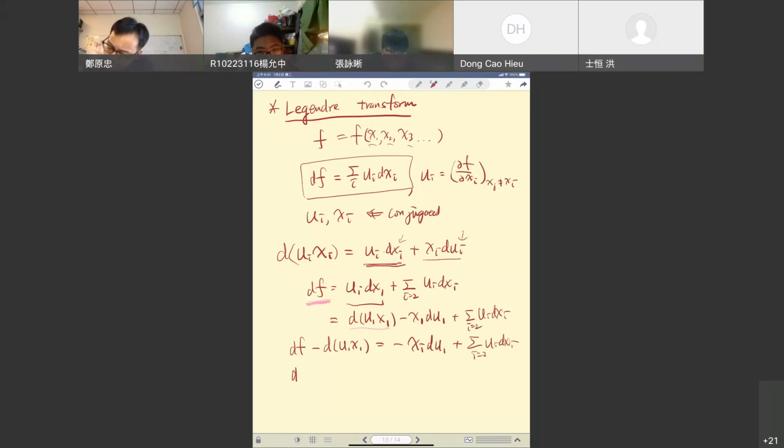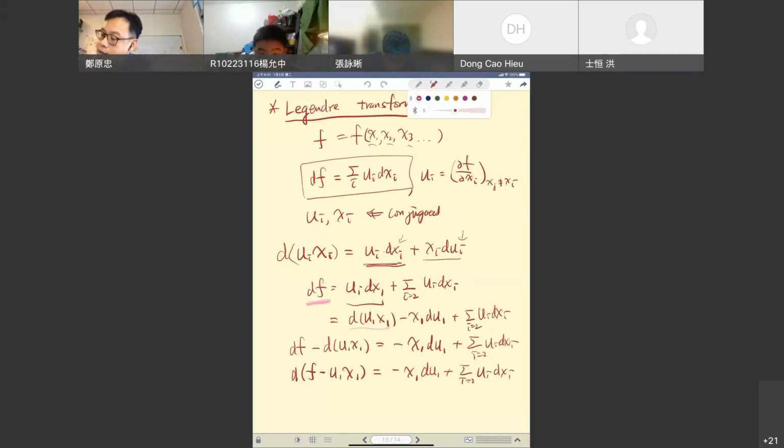So the total derivative of this new function, f minus u1 s1, will be minus s1, I don't know how come I'm so conditioned to write x_i there, minus s1 du1, the first one, plus all the rest.